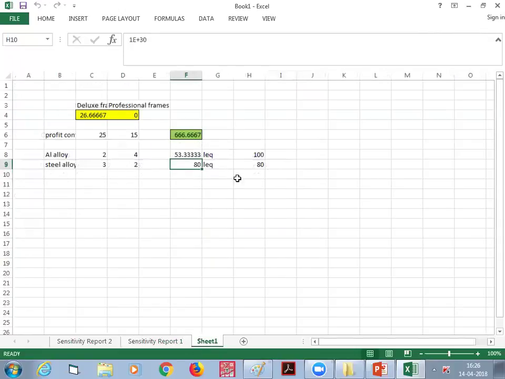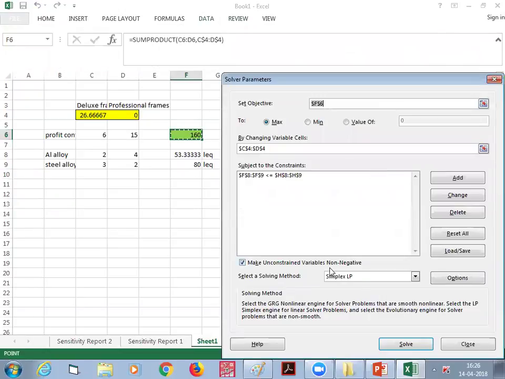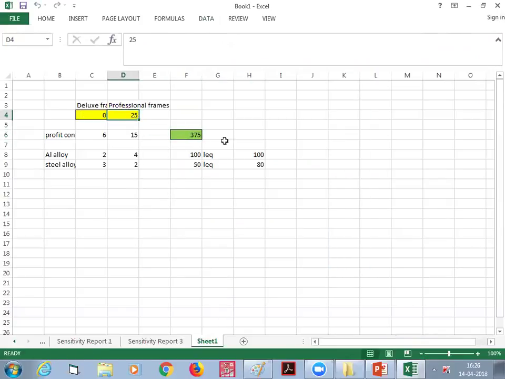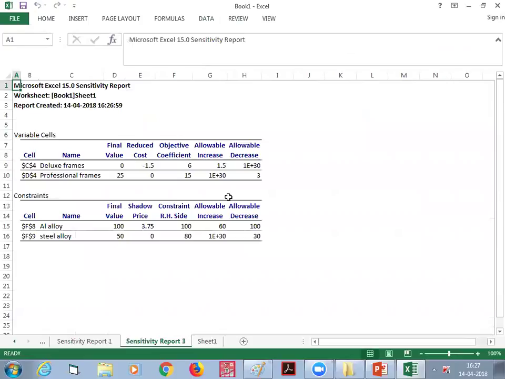Okay, similarly, let's go back to it, I think it was 10. Let's look at the downside. What was that? That was 7.5. So if you make it 6, now it won't be profitable. Now all the resources will go to professional. In a similar way, all resources will now go to professional, and we'll end up producing 25 professional frames.